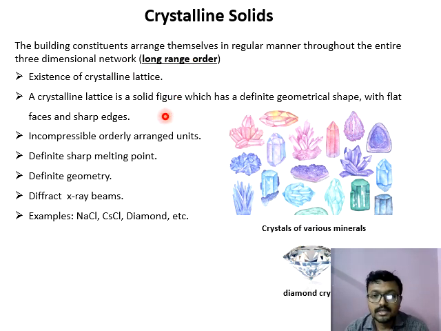It means if the solid material size is big, still it is solid. This intermolecular force is not short range, it is long range. So long range intermolecular force is present in the solid material.